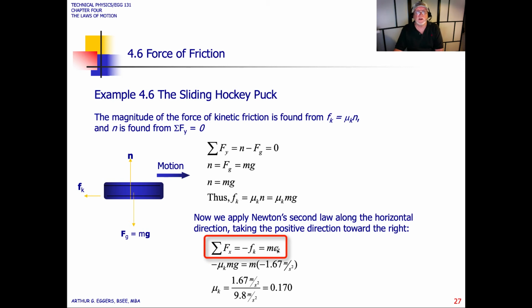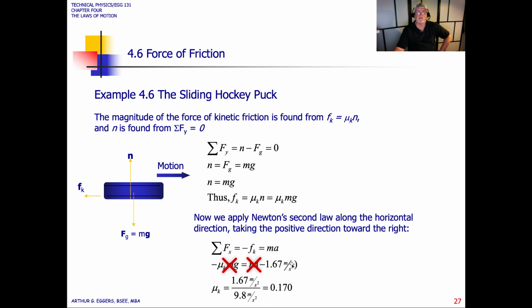Now we can take what we just solved for, F sub k is equal to mu k mg, and put it into that relationship. So we're going to substitute minus mu k mg for minus F sub k, and set it equal to the mass times the acceleration. We solved for the acceleration previously, minus 1.67 meters per second squared. We don't know the mass of the puck, but look what's going to happen here.